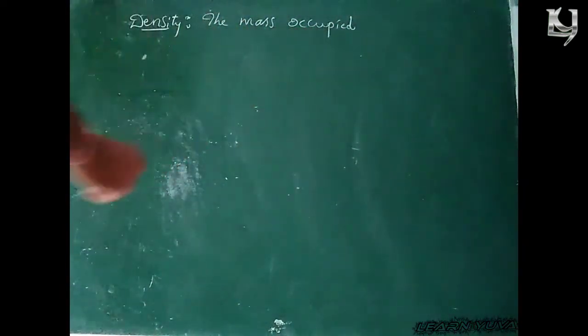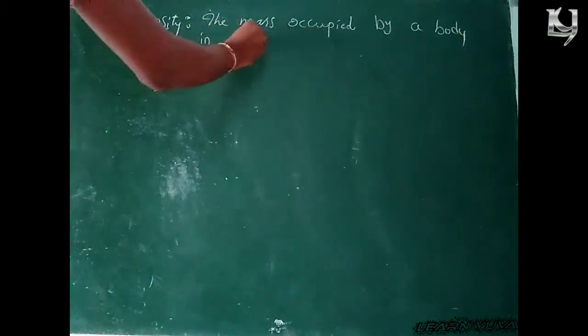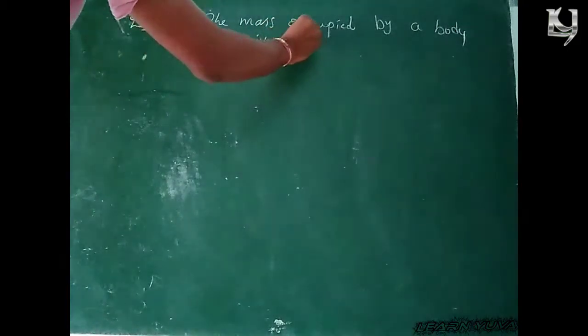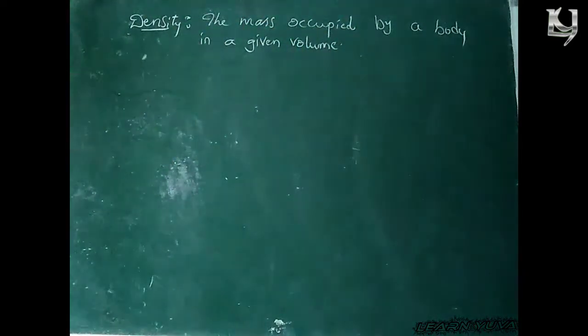Okay, so density can be defined as the mass per unit volume, or the mass occupied by a body in a given volume.